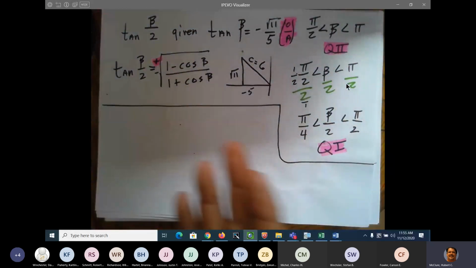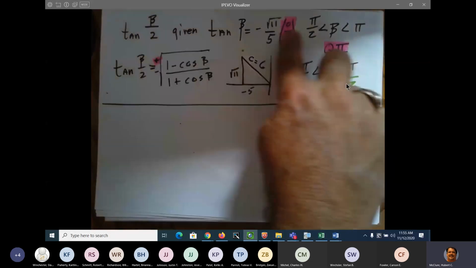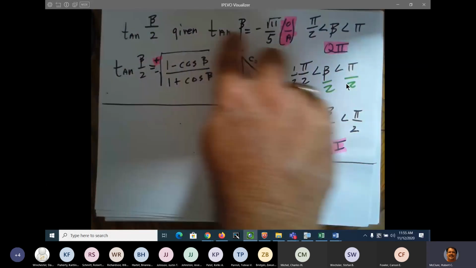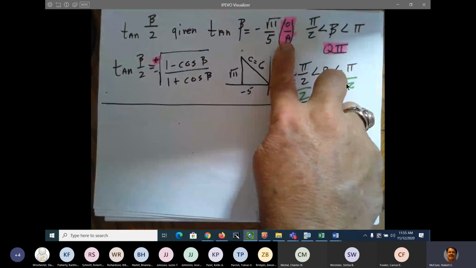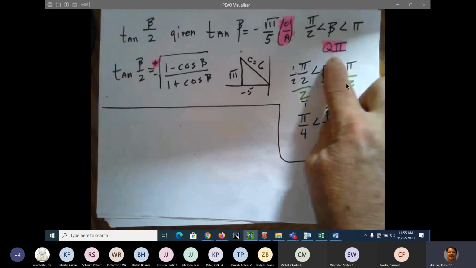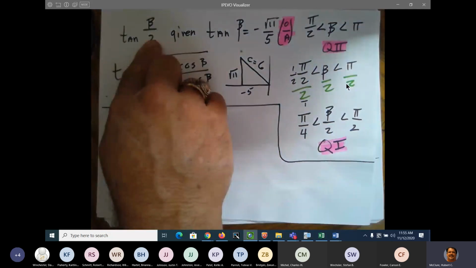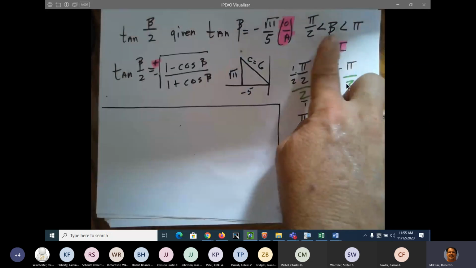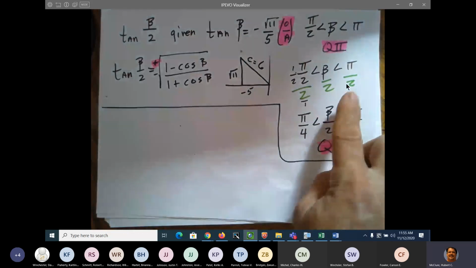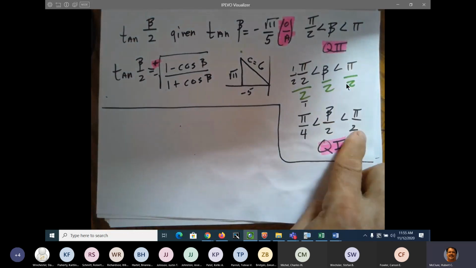Now, I didn't do a lot. Okay, what did I do? Well, this was all given. All I did, first of all, I added that opposite over adjacent. I made sure I recognized that this was quadrant 2, but that's beta. We need beta over 2. So I divided all that by 2, and beta over 2 is in quadrant 1.